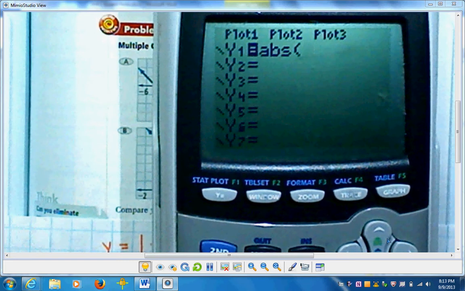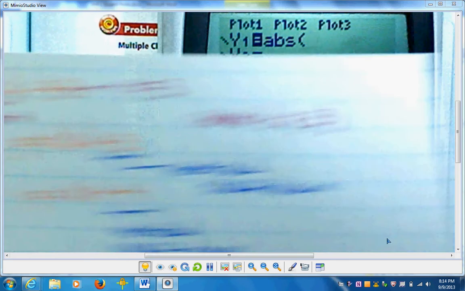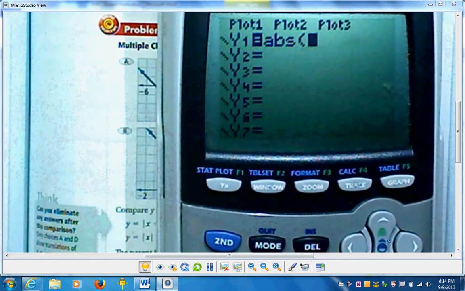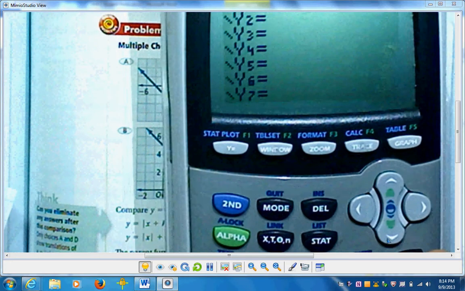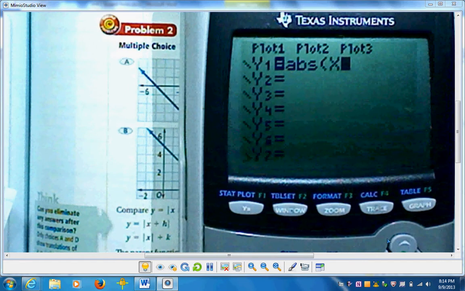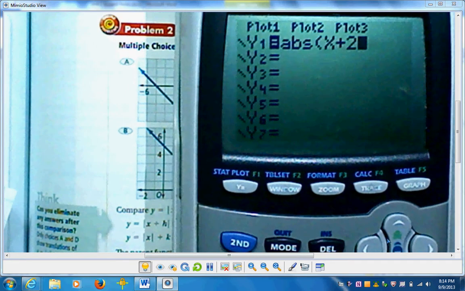So now I'm going to put in what's inside the absolute value. And what was inside the absolute value? x plus 2. So I'm going to push my x key, and that's going to put x inside, and then I'm going to do plus 2, and then I have to close the parentheses.